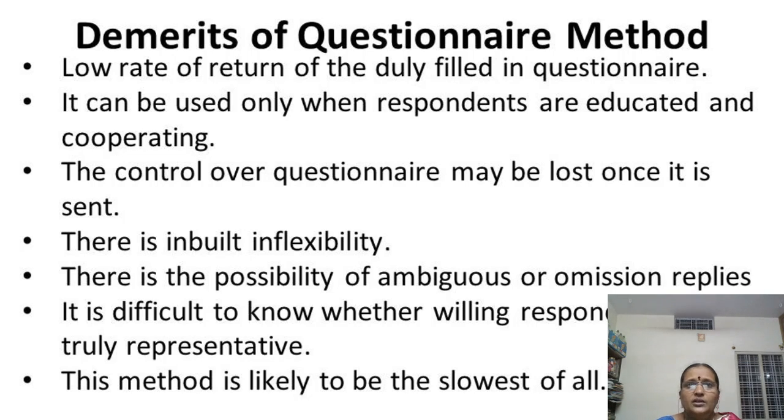Fourth one is there is inbuilt inflexibility. Next one is there is the possibility of ambiguous or omitted replies. Next, it is difficult to know whether willing respondents are truly representative. And last one is this method is likely to be the slowest of all.